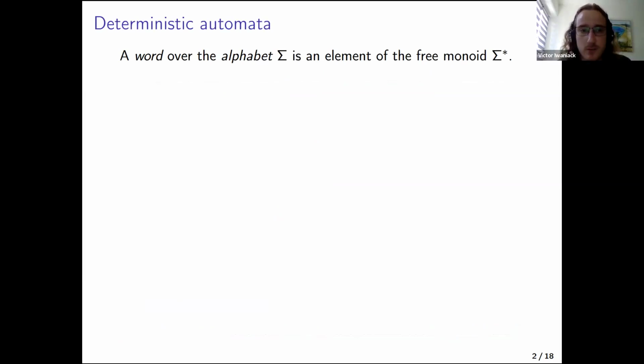Basically, it's a formal machine meant to recognize words with a simple procedure. A word is simply a finite sequence of symbols. We put them in an alphabet. It's just any set. And so they are elements of the free monoid sigma star. We will use sigma to denote the alphabet throughout the talk.